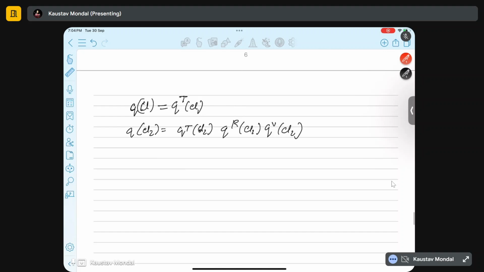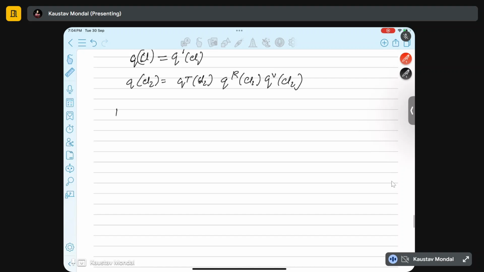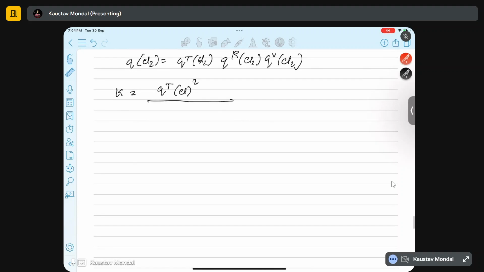The partition function K you can write like this: QT CL whole square to the power, QT CL2, into QR CL2, QV CL2, and 2 1 1, and e to the power minus delta E by RT.